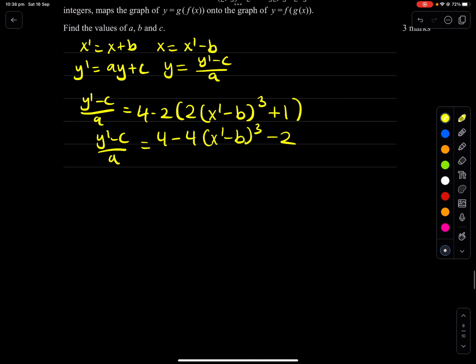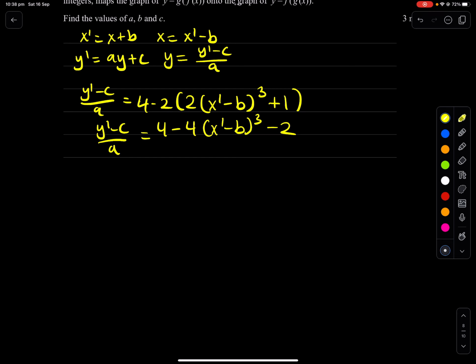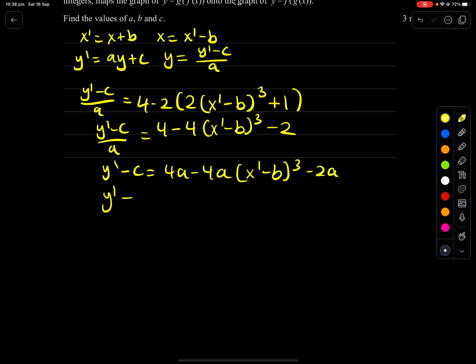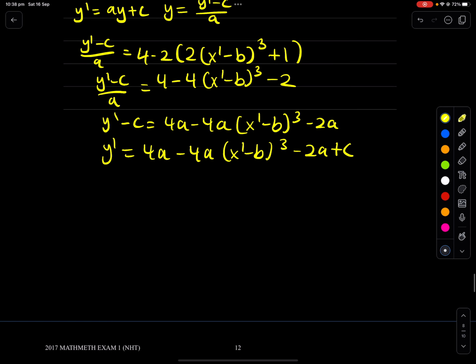Okay, so multiplying everything by a, so y minus c, everything by a, it'll be 4a minus 4a, x minus b 3 minus 2a, then plus c.